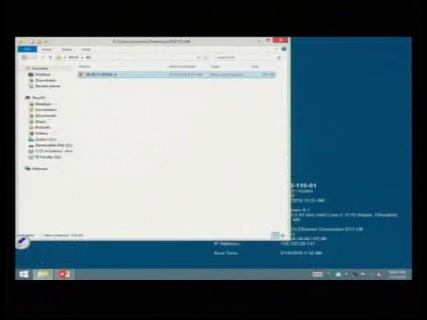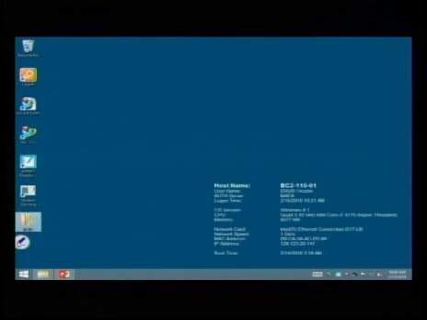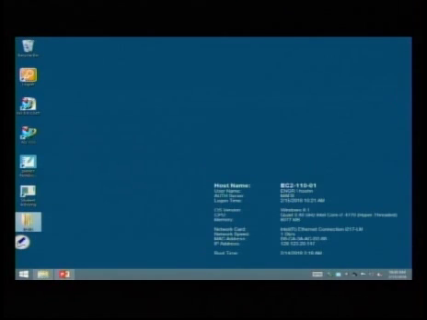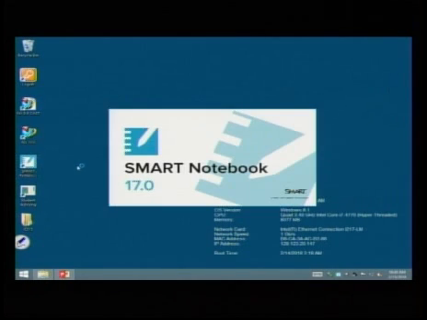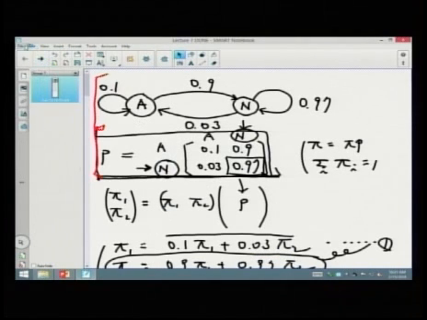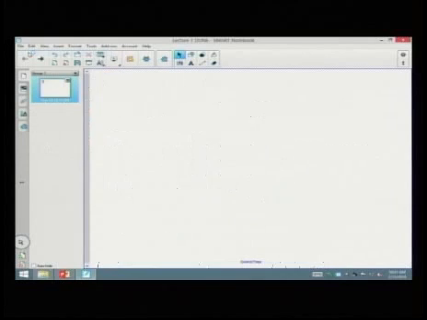So let me use the smart board. Okay, let me draw this way.